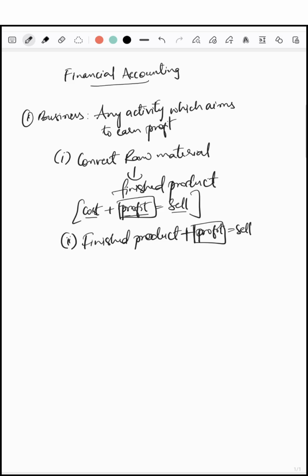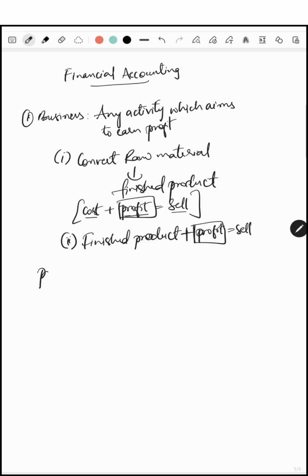And later, after finding out the business activity, you need to find out how much profit you gained out of this activity, or how much loss might arise for your product, or what is the actual financial position of your business.